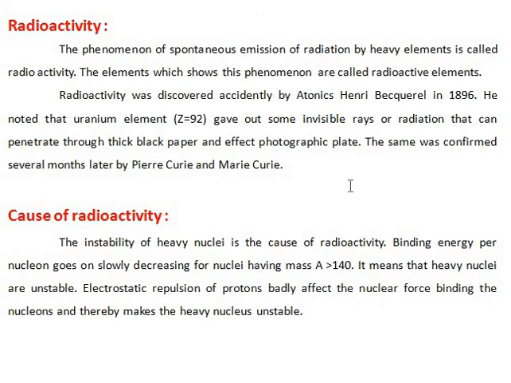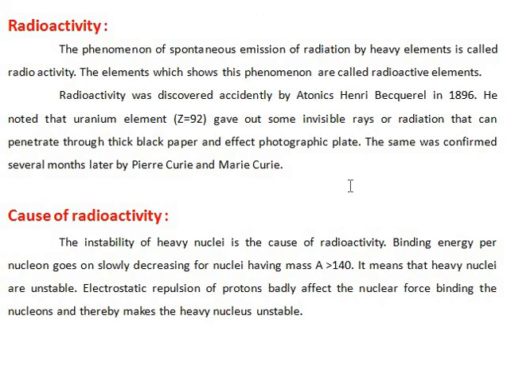The same was confirmed several months later by Pierre Curie and Marie Curie. For this discovery they got the Nobel Prize. But radioactivity is that naturally occurring heavy elements emit some radioactive rays, so it is known as radioactivity.